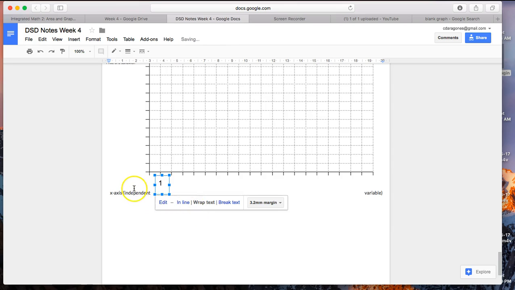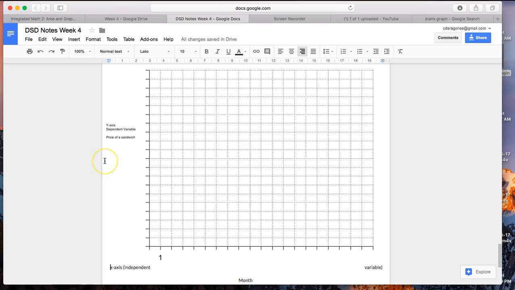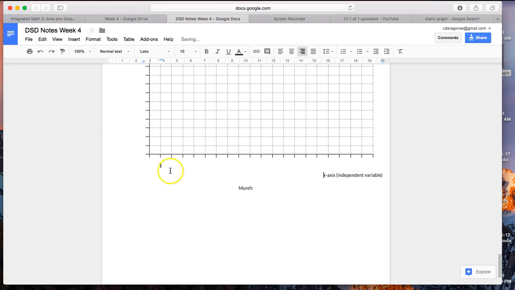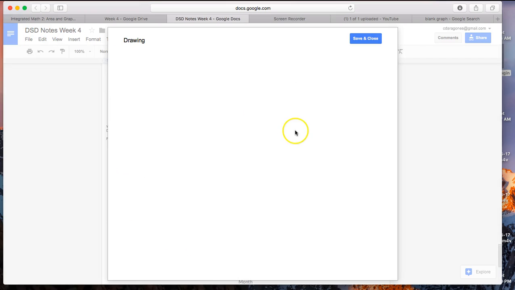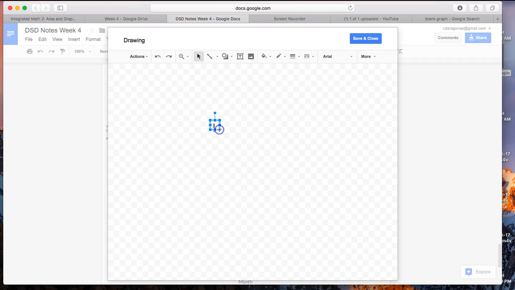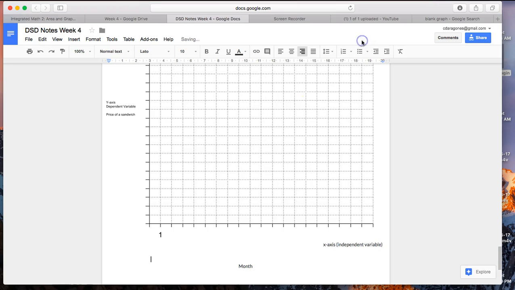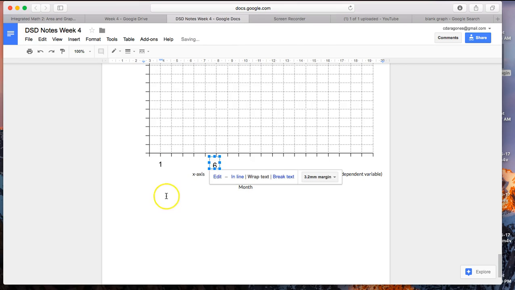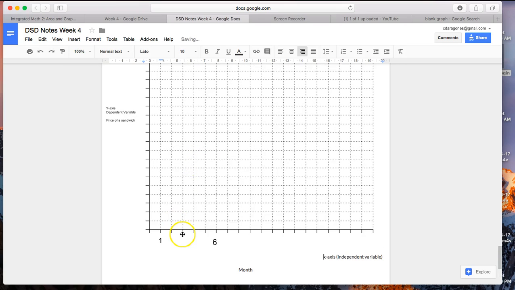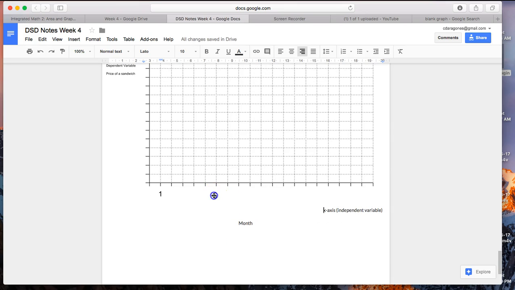And I'm going to label the 6th month as well, and the 12th month. So I'm going to label my month 6. So 1, 2, 3, 4, 5, 6. And I'm going to label my 12th month.